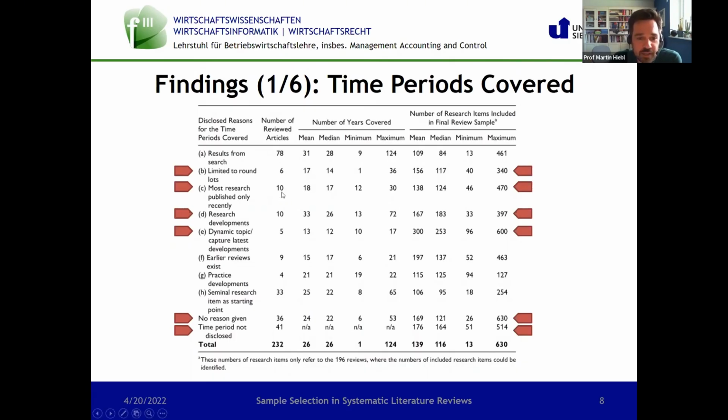This was done in 10 articles, and it's not very transparent why most recent research only, why not cover everything. And why have a review sample that is not that large on average? You see 138 papers included on average in those papers having followed this choice in terms of time frames, so not very transparent, not very structured either.